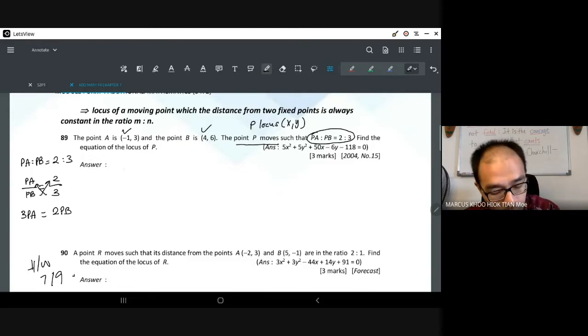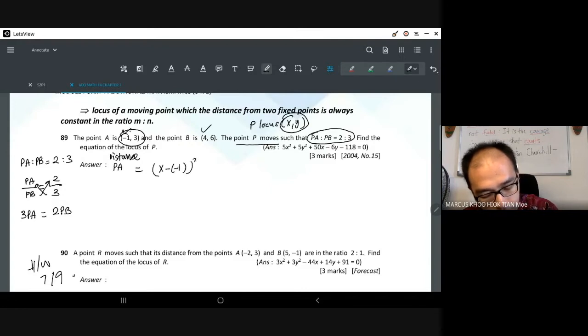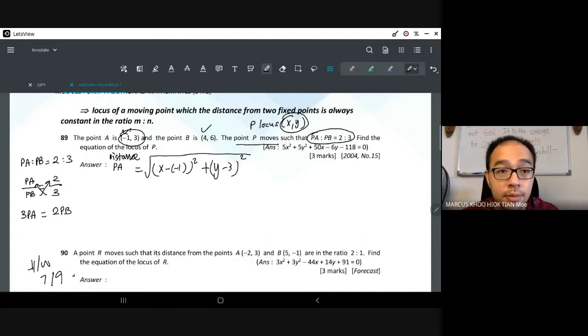Now, let's find the distance of PA first. The distance of PA, P and A. So it will be the square root of (x minus negative 1) squared plus (y minus 3) squared. Kan? Distance formula.